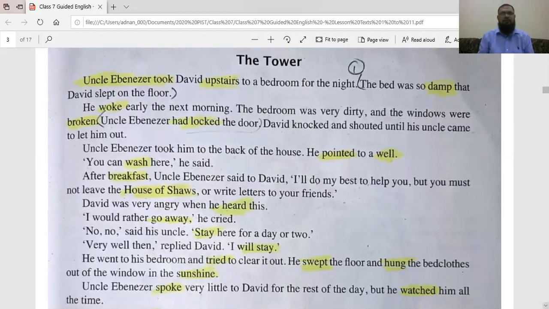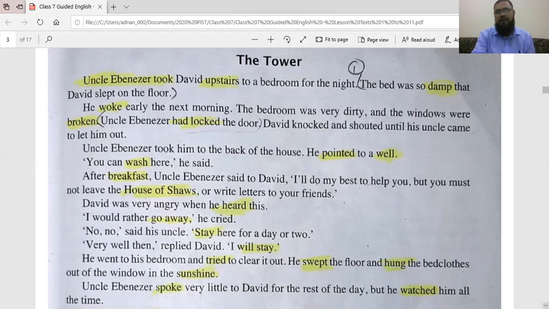Uncle Ebenezer took David upstairs to a bedroom for the night. The bed was so damp that David slept on the floor. Damp means wet. There was moisture due to the seaside and due to the climate over in Scotland. He woke early in the morning.